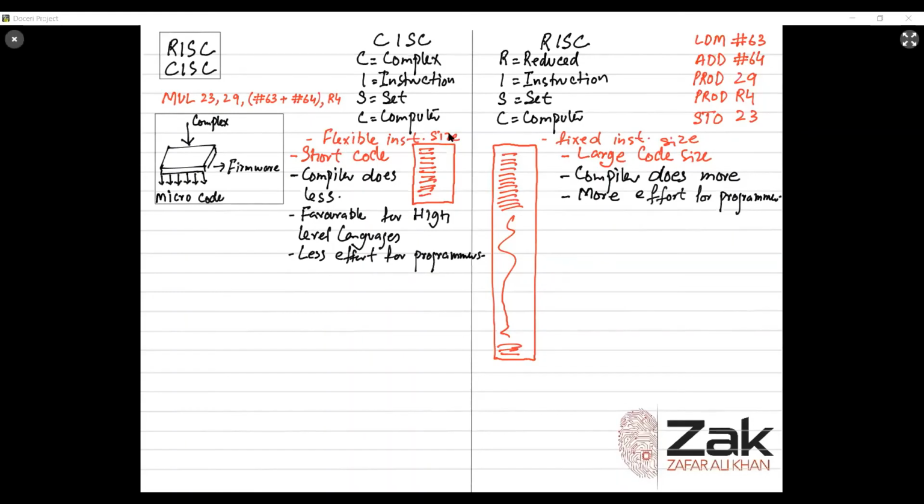It's up to the programmer, because these are two philosophies. We tend to look at things from our own perspective. So a few programmers are in favor of CISC and a few are in favor of RISC.